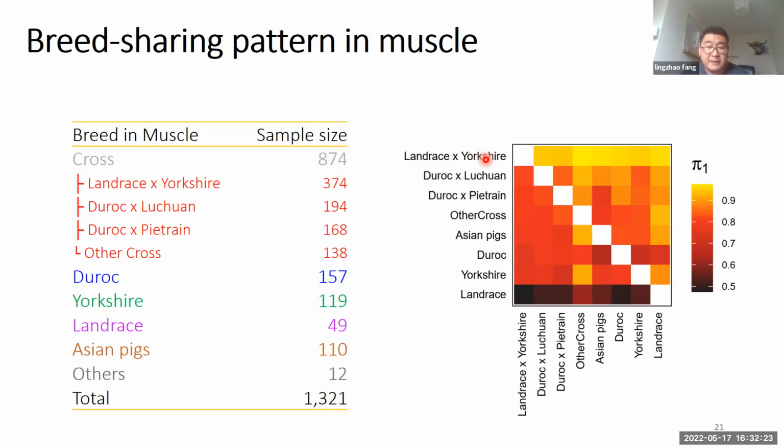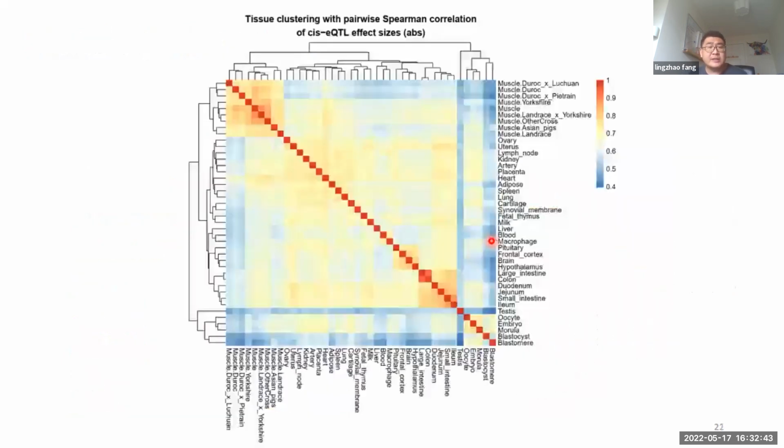So the large sample size groups can replicate over 95% of the cis-eQTLs detected in other breeds. And even a breed with fewer than 50 samples can replicate half of the cis-eQTLs detected in other breeds.